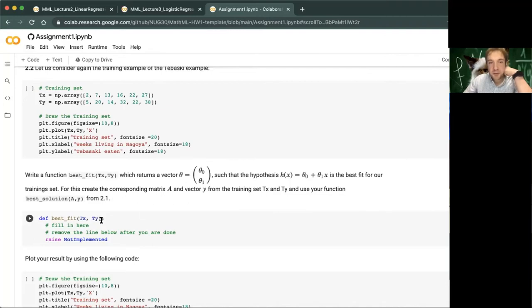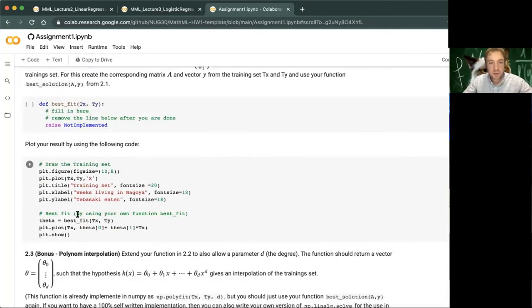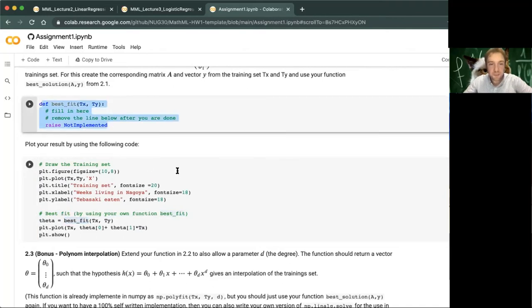What you need to do here is take these data and write them in the matrix A and Y, and then use your best solution method and return the theta. And then you can also plot the hypothesis you get out of it. Here you don't need to do anything. This is already using your best fit function, but you need to implement this best fit function here.